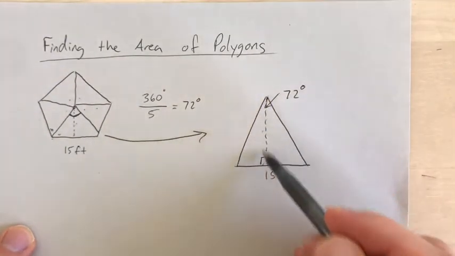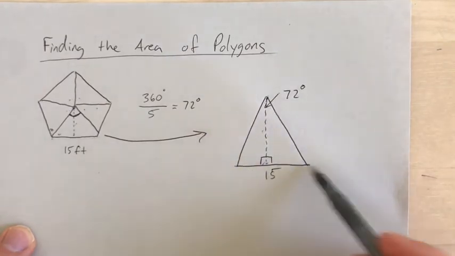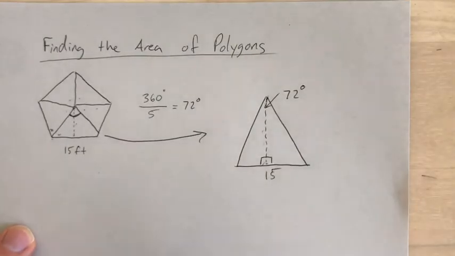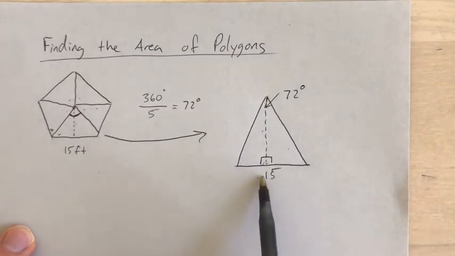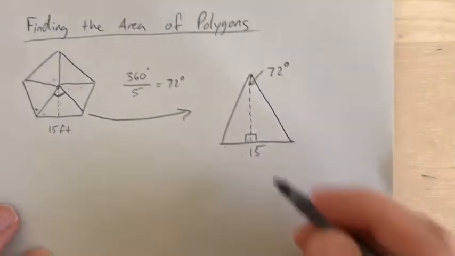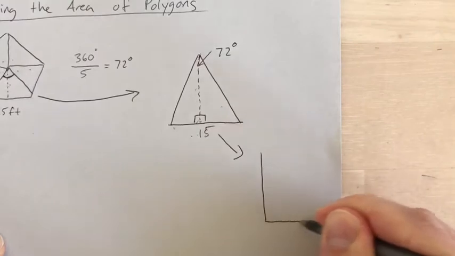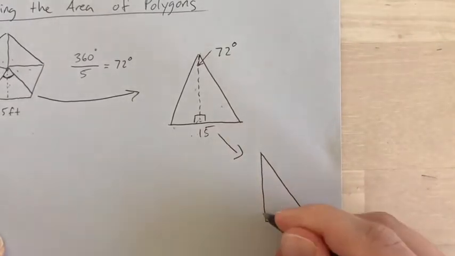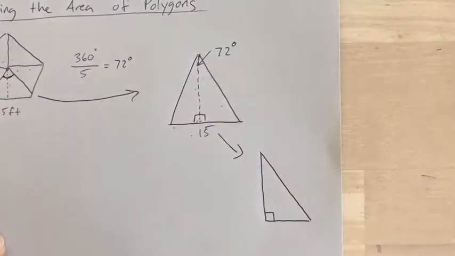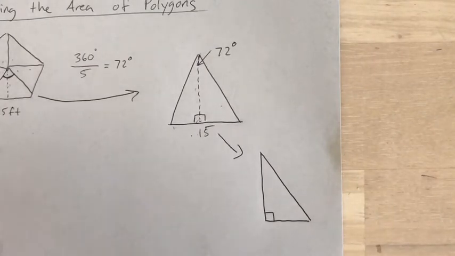Because I can assume that this base, again, and this height are perpendicular to each other. So if I were to split this triangle into 2, it's going to split not only my base in half, but it'll also split my central angle in half. So I'm just going to focus in on one of these right triangles here. And 15 split into 2 is going to give me 7.5.